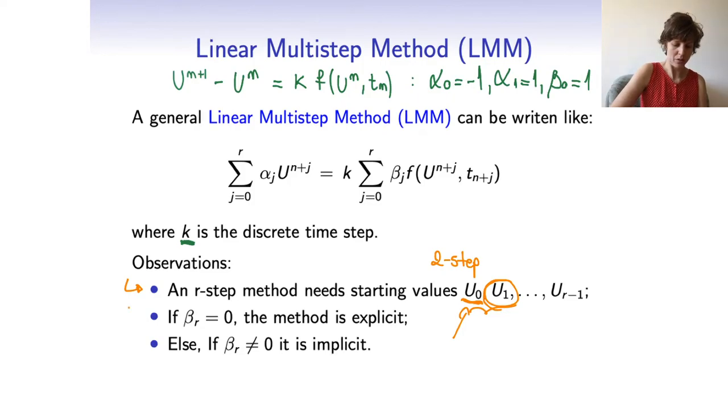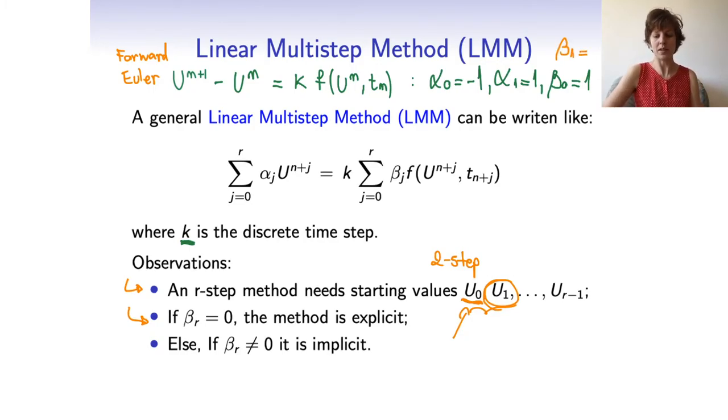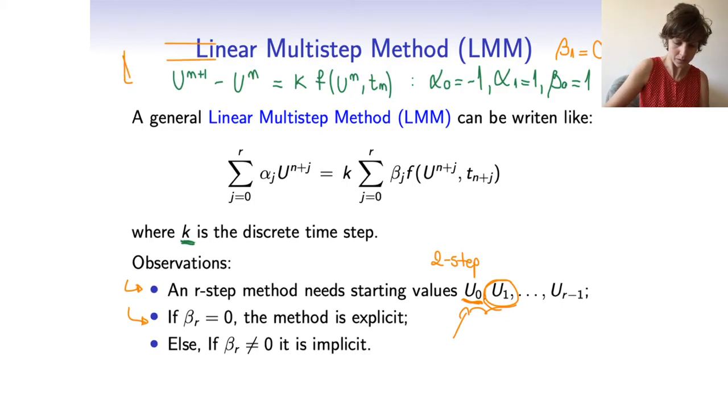So if beta r is equal to 0, the method is explicit. In the case of the forward Euler, it's a one-step method, our beta 1 equals 0, and therefore it is an explicit method. But in the backward Euler, we have something like this.